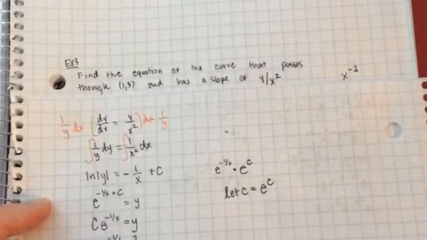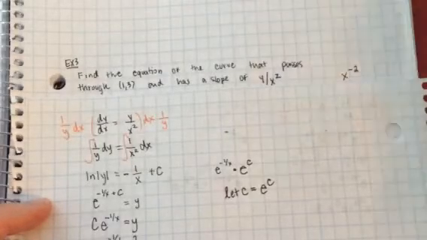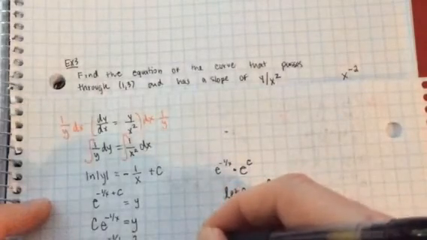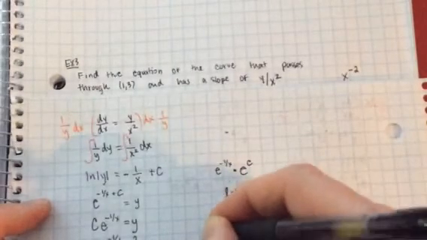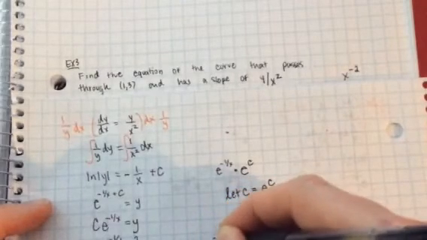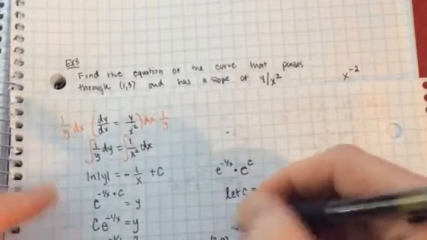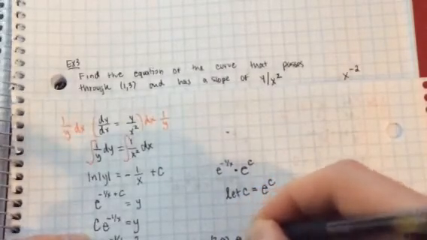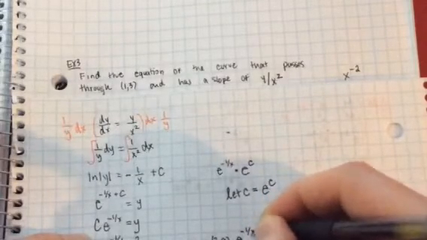We now know our particular equation that y is equal to 3 times e, which that's our c, times e to the negative 1 over x power.